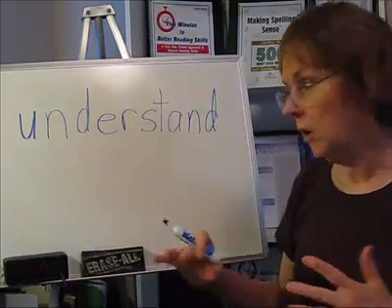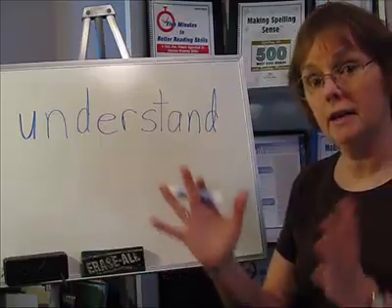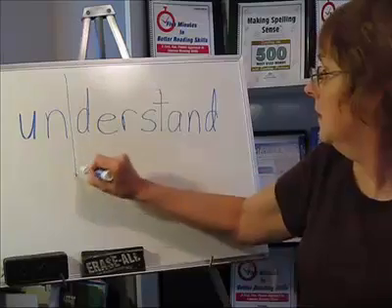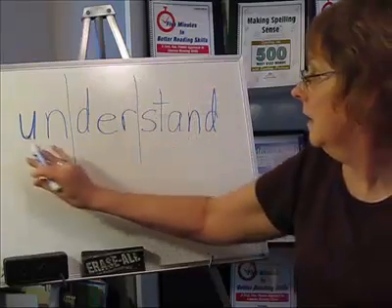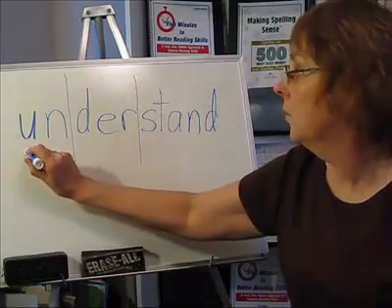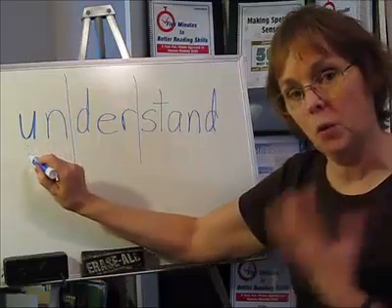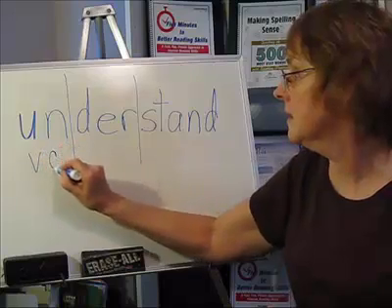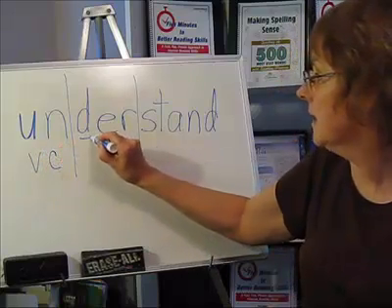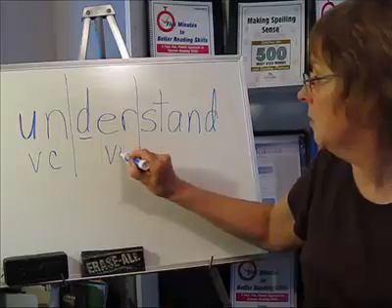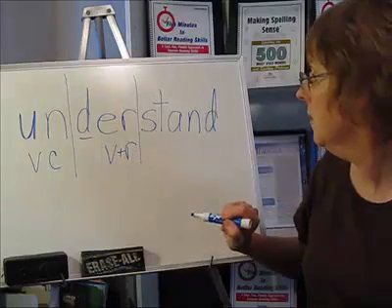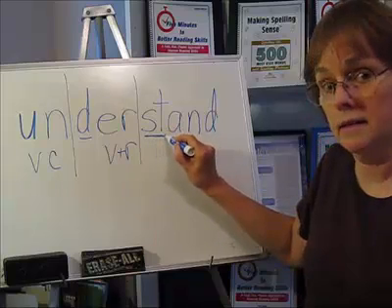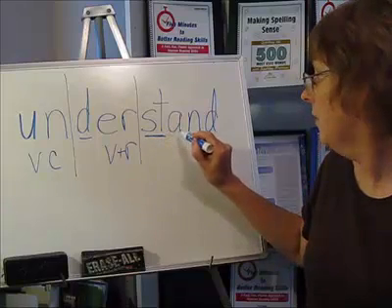And I'll say, what's the word? And they'll say, understand. No beginning sound, so wherever the first vowel is, that's where your vowel pattern starts. So we have vowel, consonant, beginning sound. This is our vowel plus R pattern. Actually, here we have two beginning sounds before the vowel pattern.